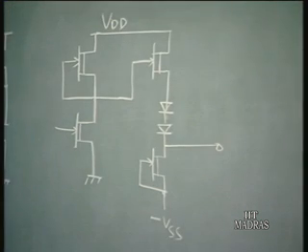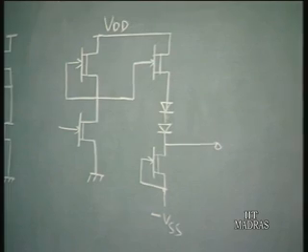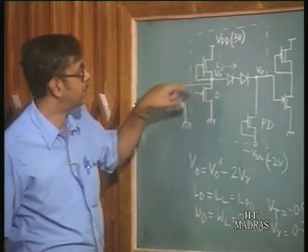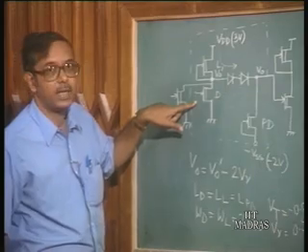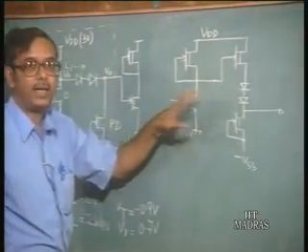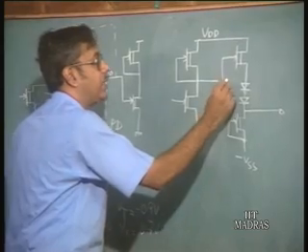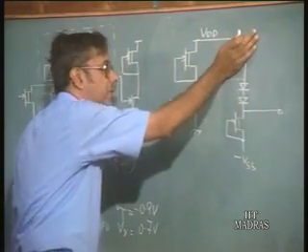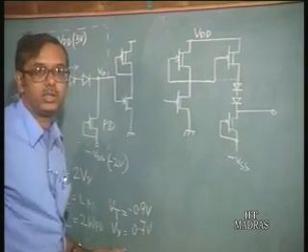All right. Now, if you look at these two structures here, one is this structure here, and then this structure here, we find that if we short these two points, that is, we do not have this transistor, then we get back the original structure.